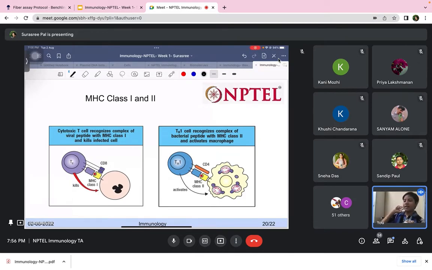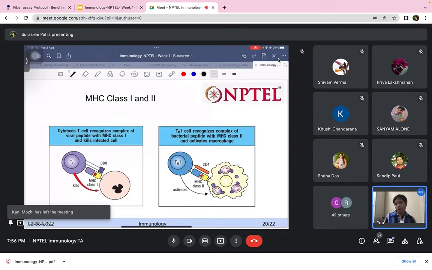MHC class 1 molecules help in presenting certain types of antigen, and class 2 is different in that case. They have slightly different structure as well, but I will not go into that detail now. But MHC class 1 and class 2 are important because they process different types of antigens.